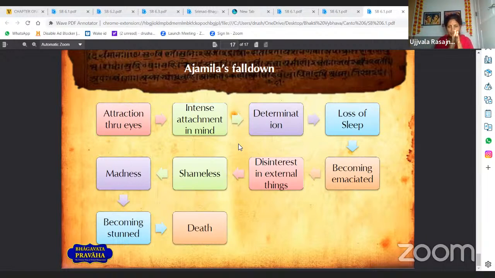But the same thing when it is reposed on Bhagavan, that will be back home, back to Godhead. So it's just the object of our attachment and contemplation that needs to be shifted to the eternal one. So that's the point here. Just wanted to bring it to your attention. That's all, dear devotees. For this week, that's all.